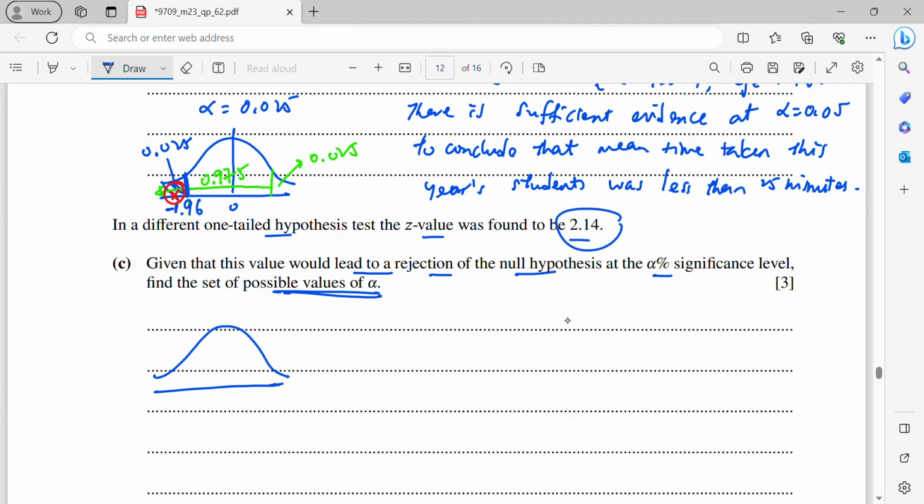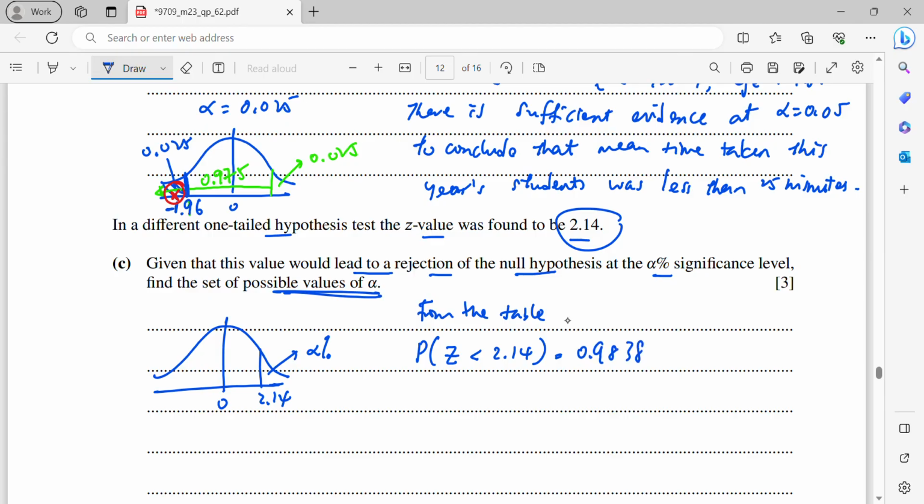Okay, so now let's say this is a graph. Your z value is positive. So here is 0, here is 2.14, and this is going to be alpha percentage. From here I will write P(z < 2.14), referring to the normal table. This probability is going to be 0.9838.